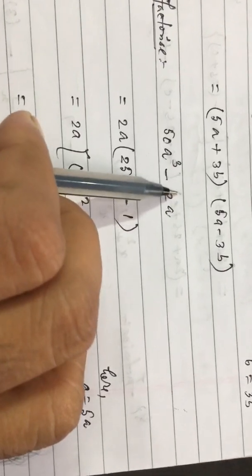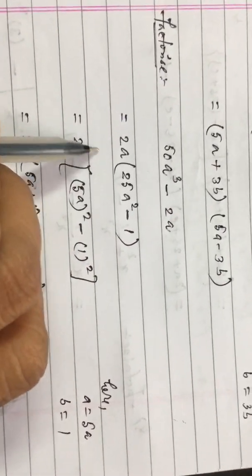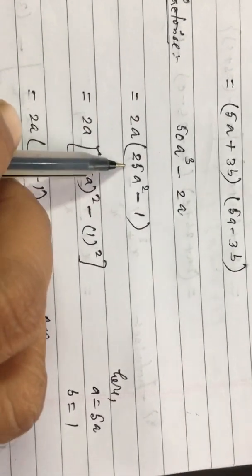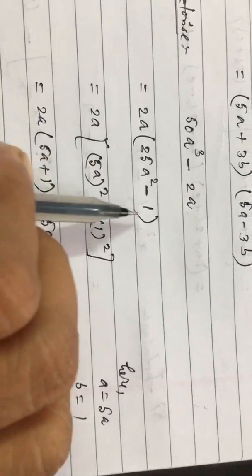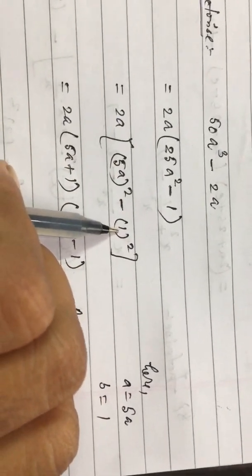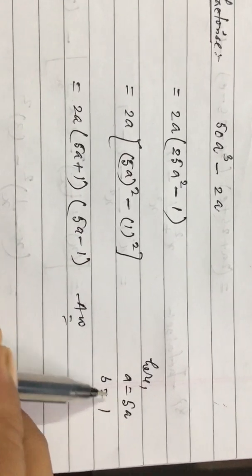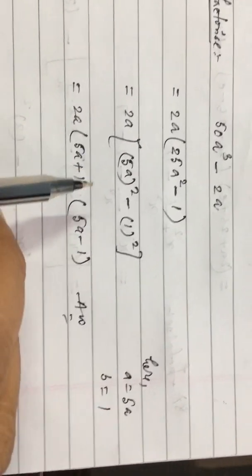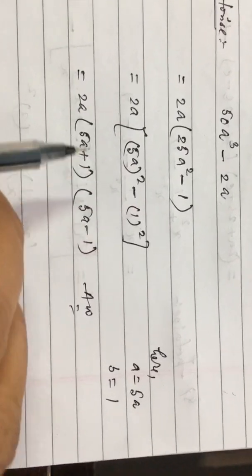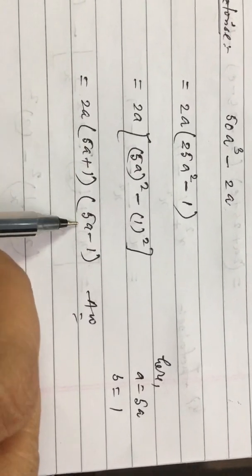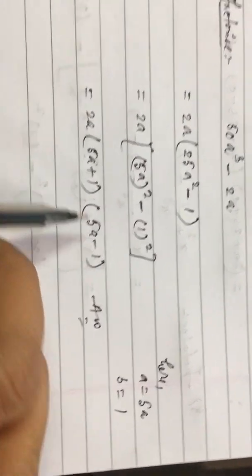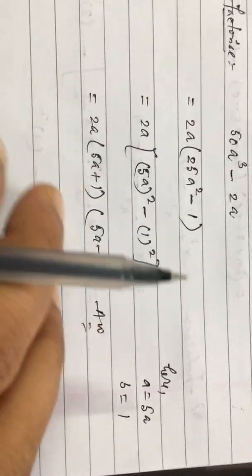And when the whole term is taken as common, 1 will be left. So 2 is common, and 25 is the perfect square of 5, and 1 is the perfect square of 1. So we can now suppose here a is 5a and b is 1. Now apply the formula a square minus b square, that is a plus b and a minus b. So these are the factors of this question.